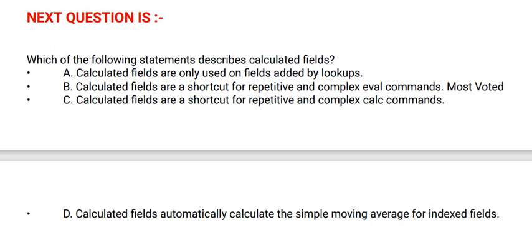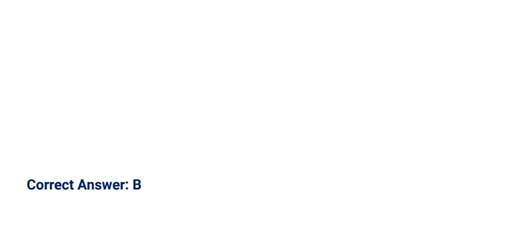Option C, calculated fields are a shortcut for repetitive and complex calculation commands. And option D, calculated fields automatically calculate the simple moving average for indexed fields. The correct answer is option B.